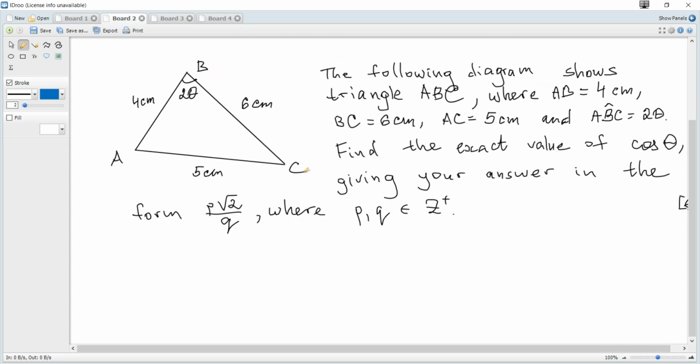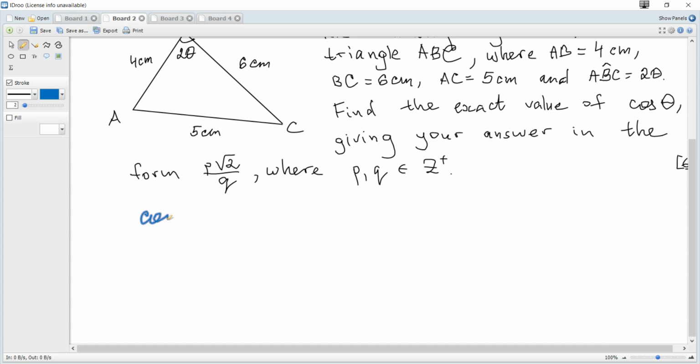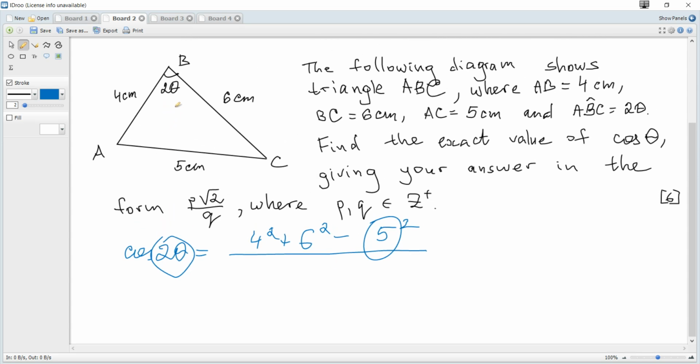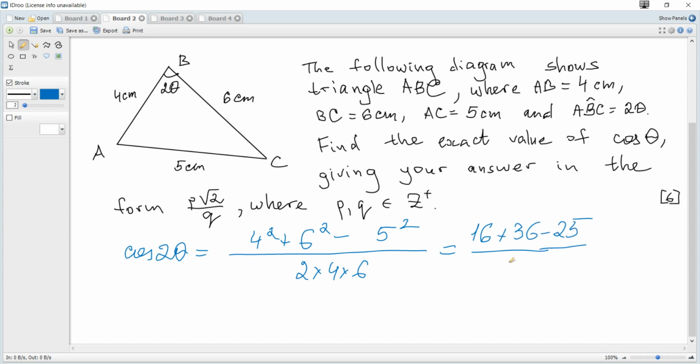So here cosine of 2 theta is equal to 4 squared plus 6 squared minus 5 squared, because this angle and this side with the minus are opposite, and the opposite side is 5, divided by 2 times 4 times 6. It becomes 16 plus 36 minus 25 over 2 times 4 times 6.